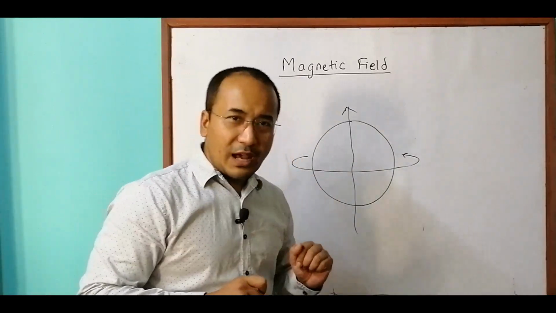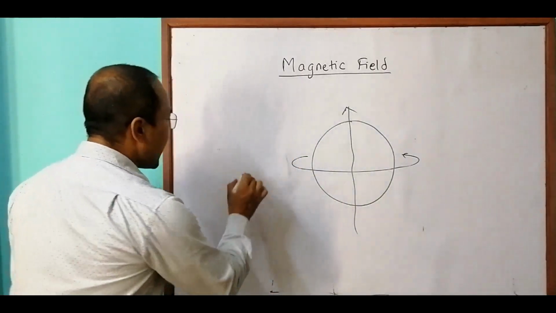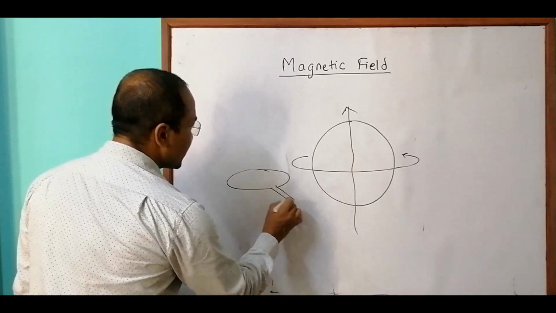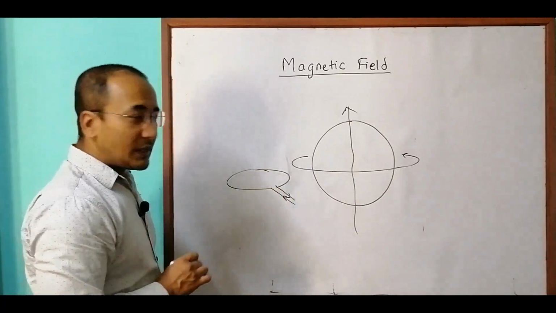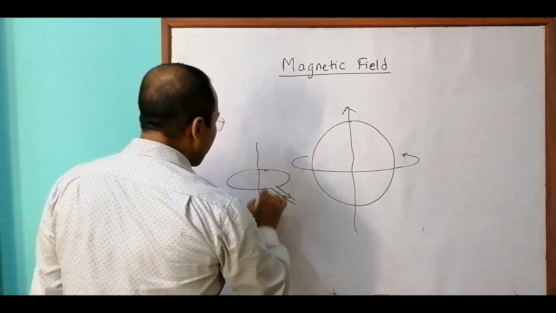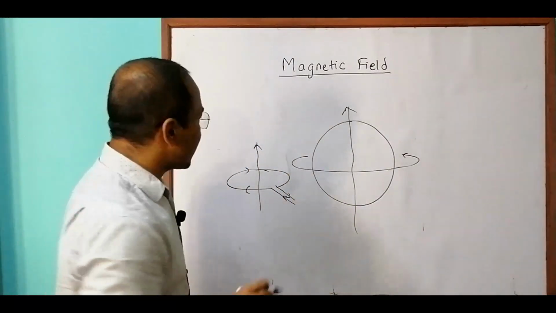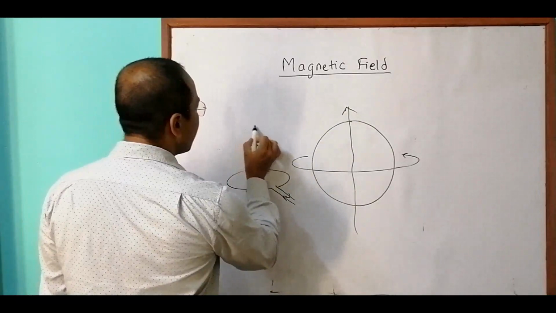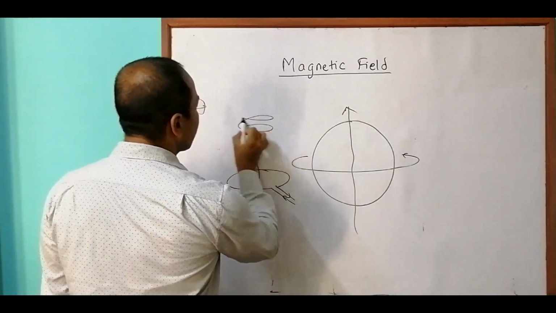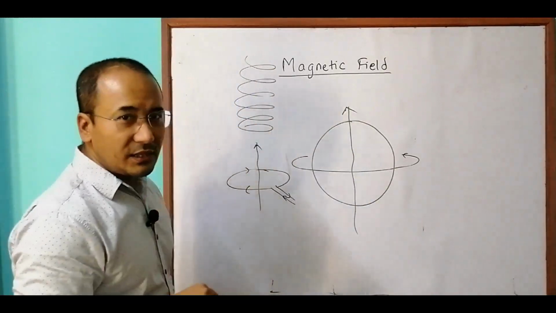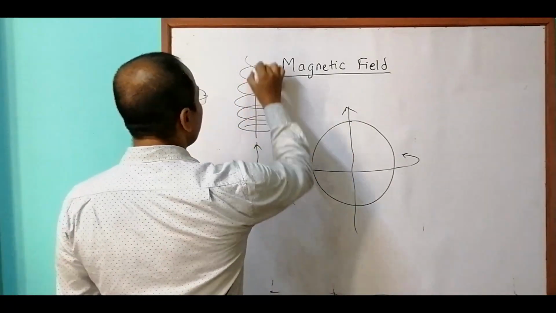When we have a circular coil like this, and the current is flowing like this, so this is current going in and going out, here we have a magnetic field in this direction. And when I extend this circular coil like this, it's a solenoid, and we have a magnetic field in this direction.